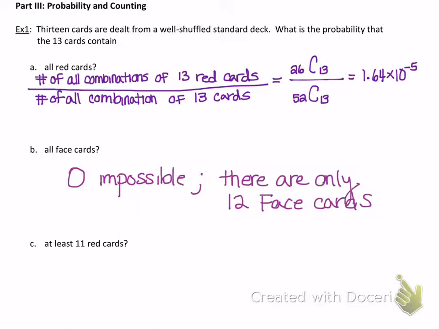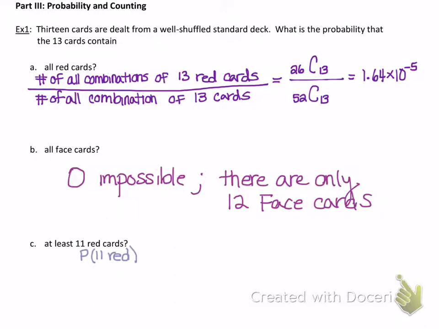Okay, and this last one is pretty tough. So it says, at least 11 red cards. So at least implies a couple different options. So out of those 13, if we want at least 11 red cards, that means we want the probability of 11 red cards, because 11 is at least.